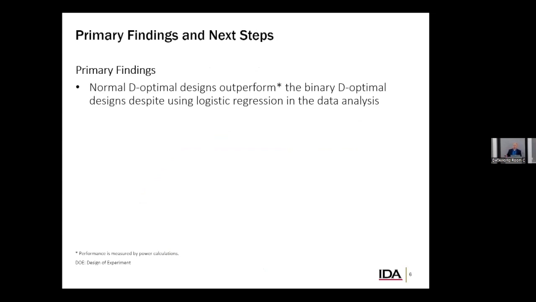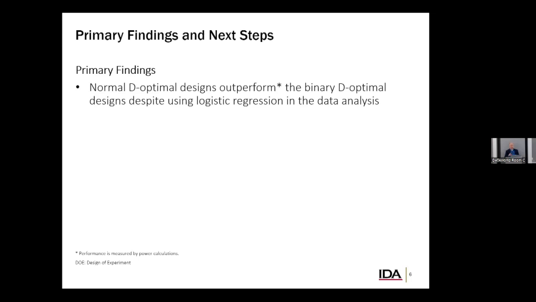So, in summary, the normal D-optimal design outperforms the binary D-optimal design, despite using logistic regression in the data analysis. In other words, we're giving the favor to the binary design, but still the normal design outperforms. And in some ways, this should be good news. I think most people, when they're doing a D-optimal type of design, would use a normal D-optimal design, and they might not know that.